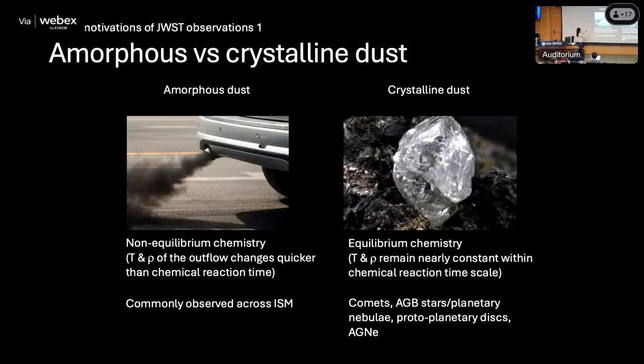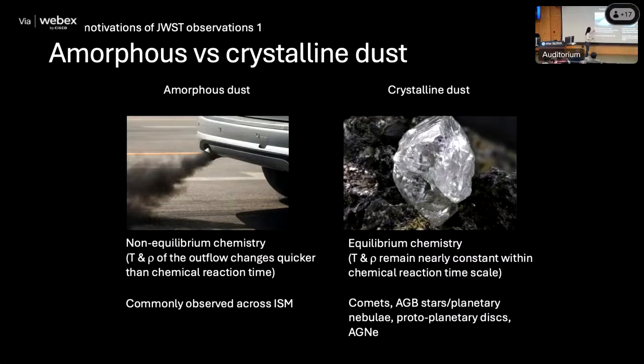So typically, when we see amorphous dust, it is believed to come from so-called non-equilibrium chemistry, which sounds a little bit more complicated. But it is what we can see as the exhaust fume of a so-called diesel engine. The engine of the car makes the gas really hot, and then it comes out of the engine suddenly.